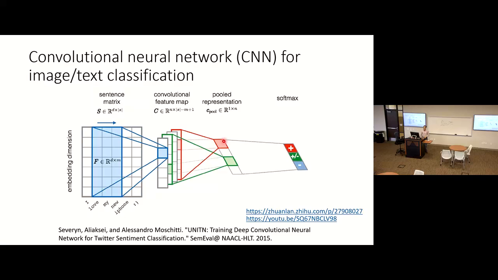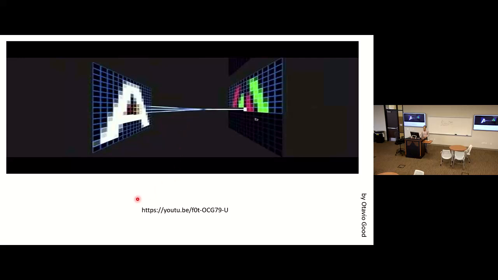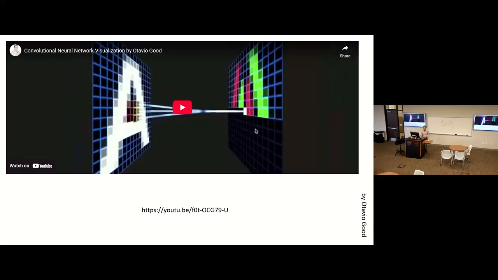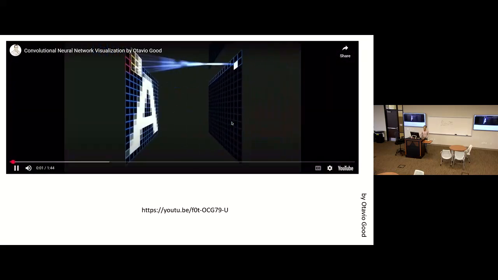So we will watch this process just before the break. This is how the convolutional neural network works for the first step, to scan your picture.